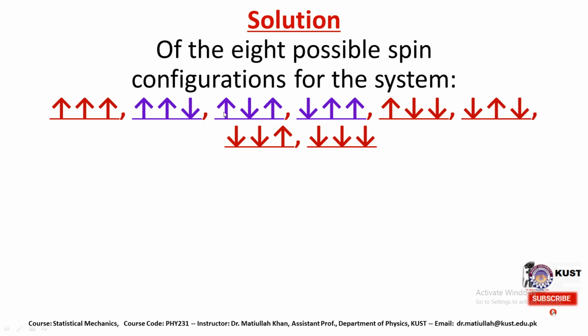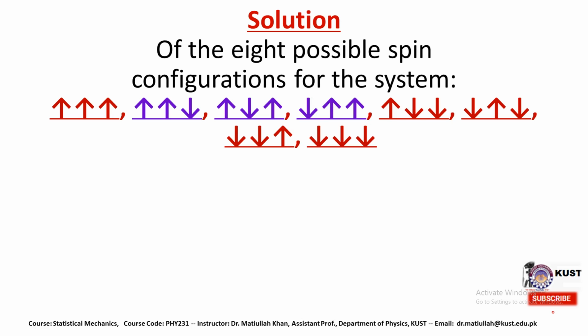And in the third, the first one is spin up, the other is spin down, and the last one is spin up again. And the fourth configuration is the first spin down and the other two spin up. Coming to the next configuration, we have 2 of them spin down and 1 spin up, and for this we have 3.